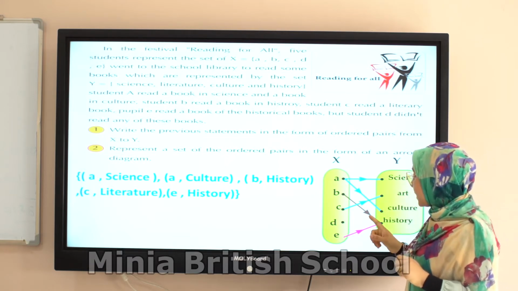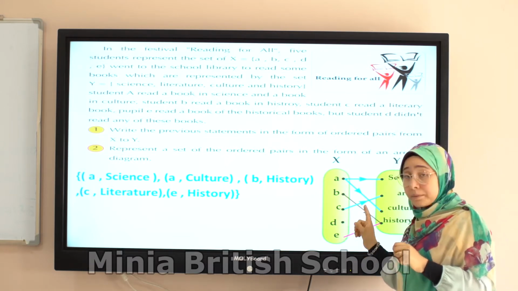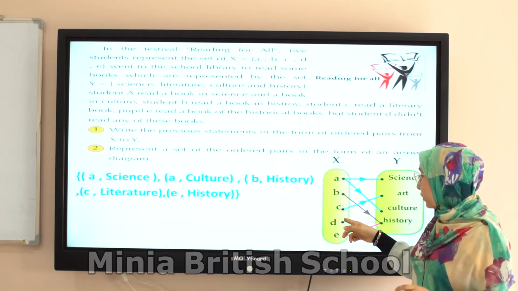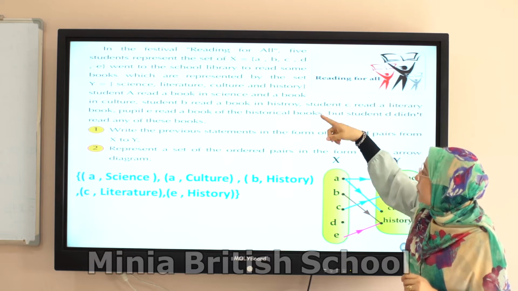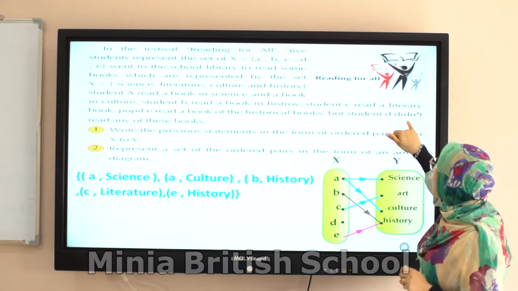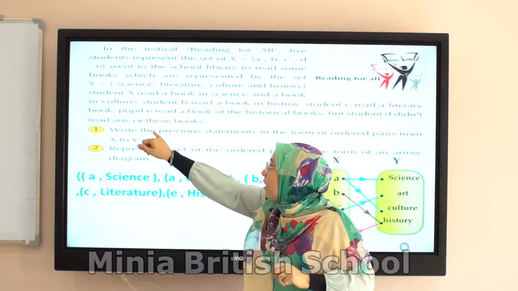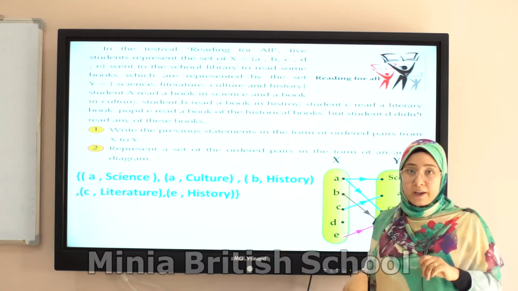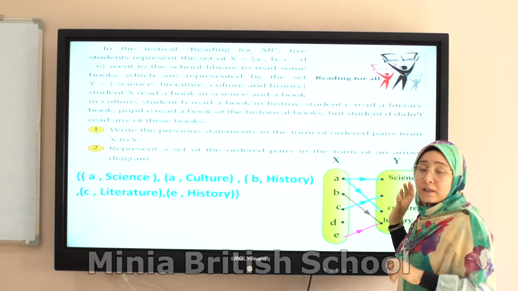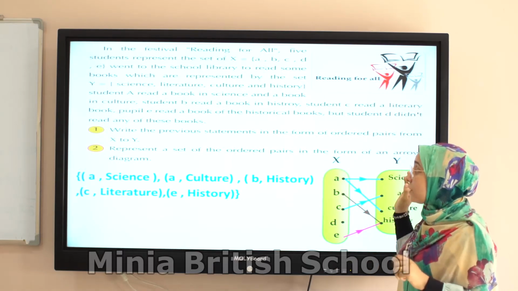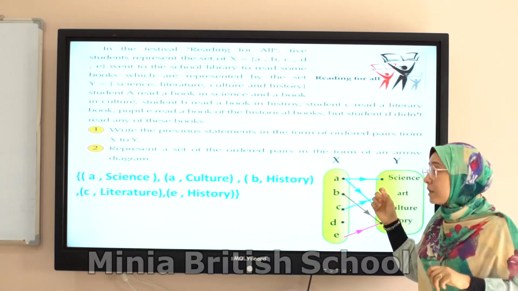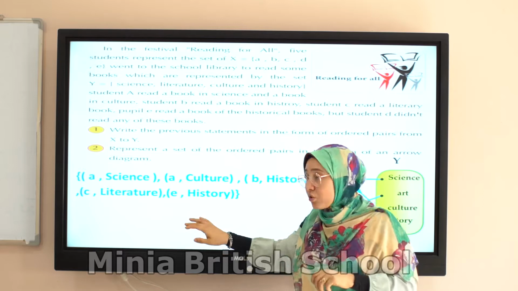And we know something. For D, I will not draw any arrows, because before I said that student D didn't read any of these books. So this arrow diagram represents this relation.